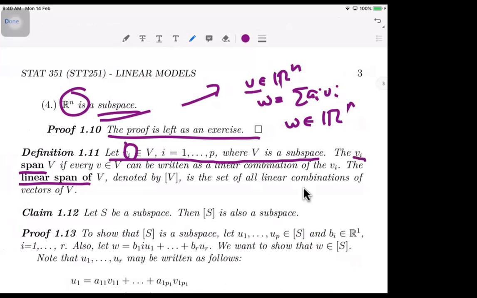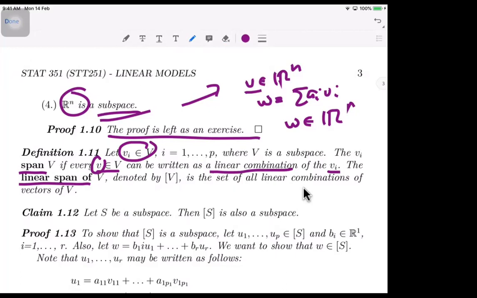Now, the v_i span V if every element of V can be written as a linear combination of the v_i. So the vectors here can always be written as a linear combination of the v_i's in V.